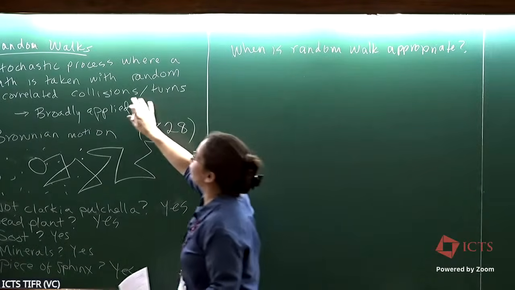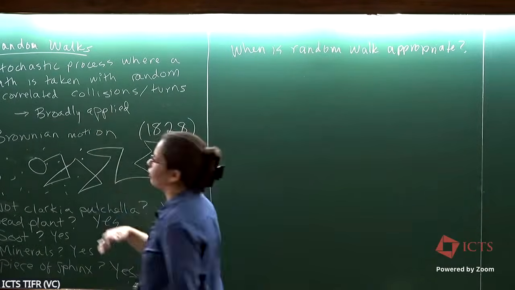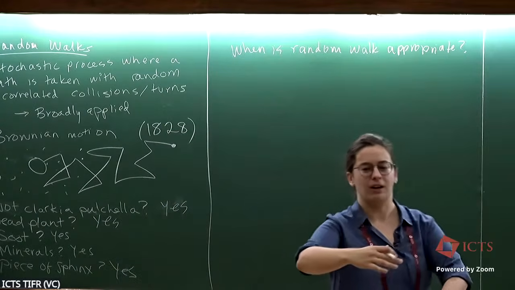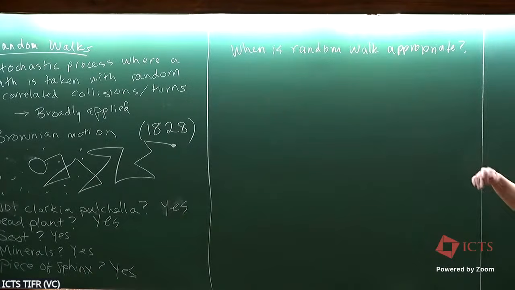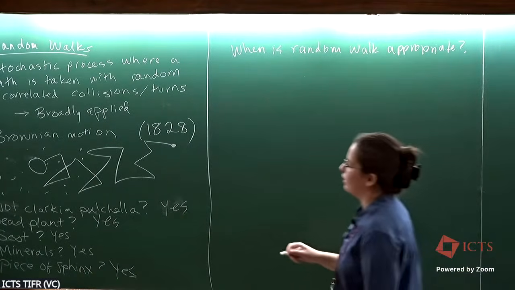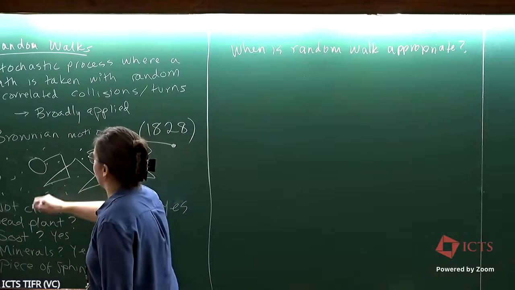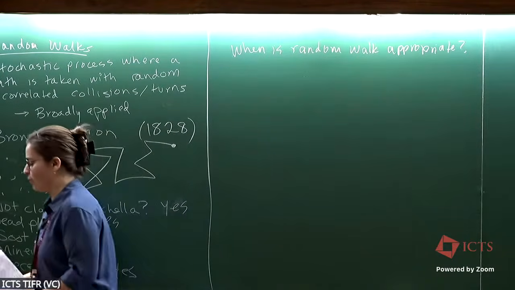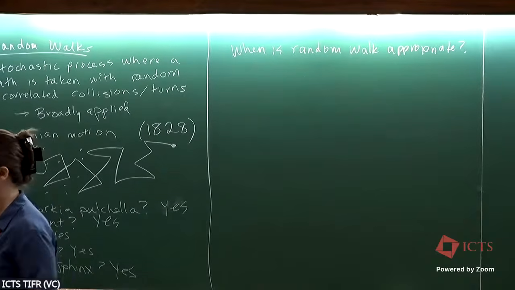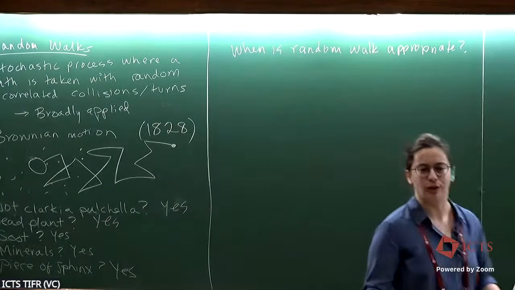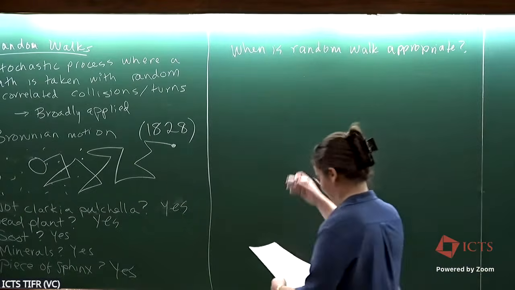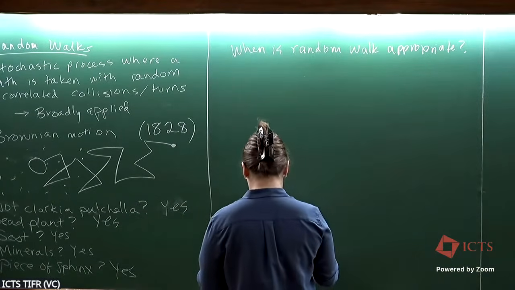But we want the turns to be uncorrelated, which also means that we shouldn't have any interactions between any of the units along the chain, because these models assume that, almost like the most concrete way to think about this, is walking forward in time. So if you're now imagining a polymer chain that actually has a physical trajectory that it is tracing out, you don't want it to be interacting with itself, or else it will no longer look like the ideal random walk that we'll be working with first.